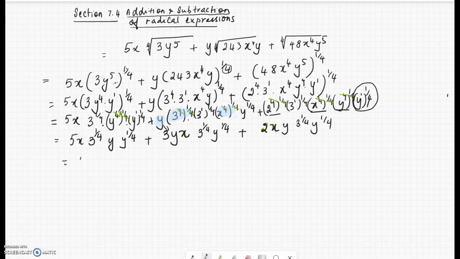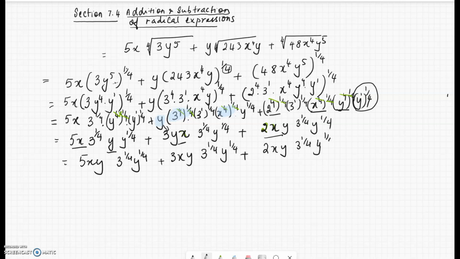So this is equal to 5xy, so we've taken care of these terms, 3 to the 1/4, y to the 1/4, plus 3xy. I've rearranged these terms just to be consistent in alphabetical order. 3 to the 1/4, y to the 1/4, plus 2xy, 3 to the 1/4, y to the 1/4.